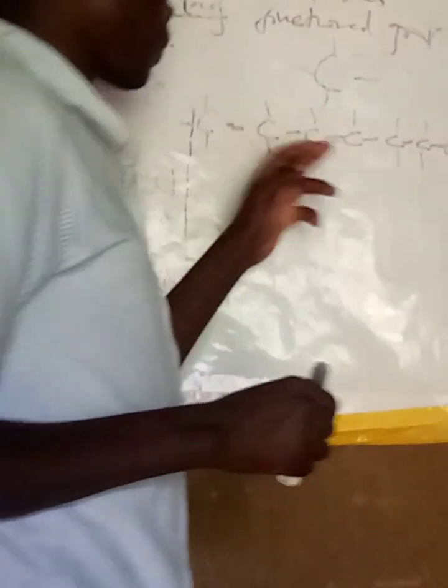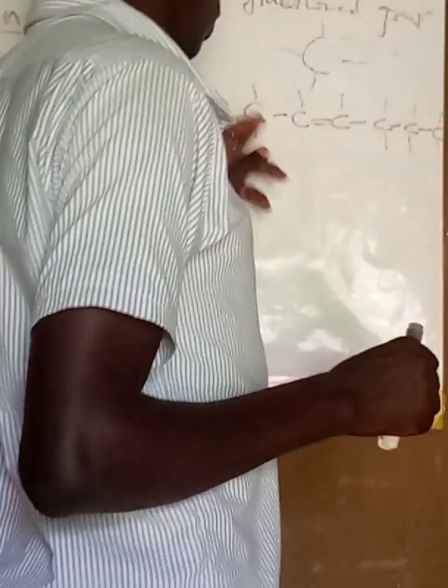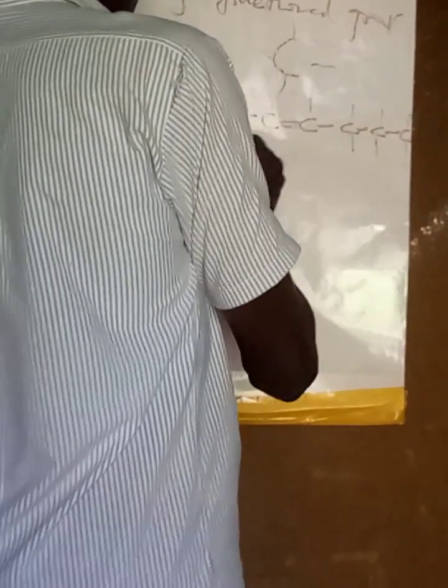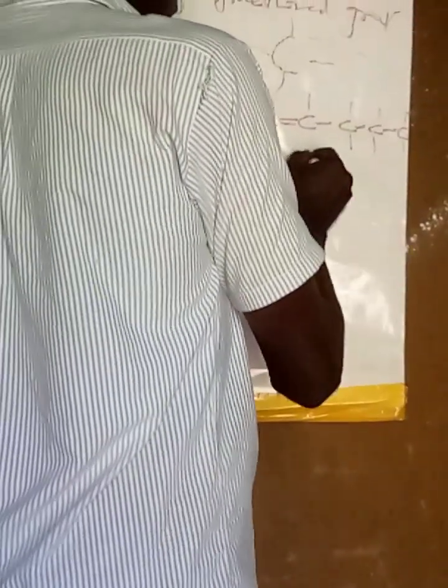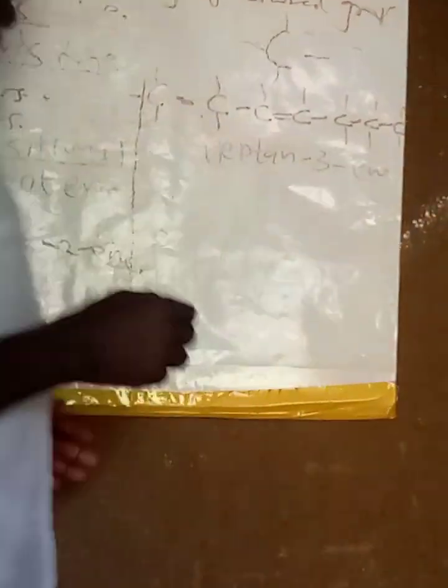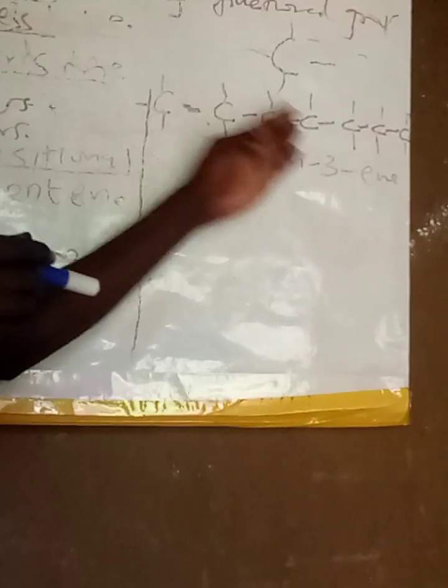So this one is 1, 2, 3, 4, 5, 6, 7. The name of this compound is hept-3-ene. I can also play with this double bond and either put it here or here.